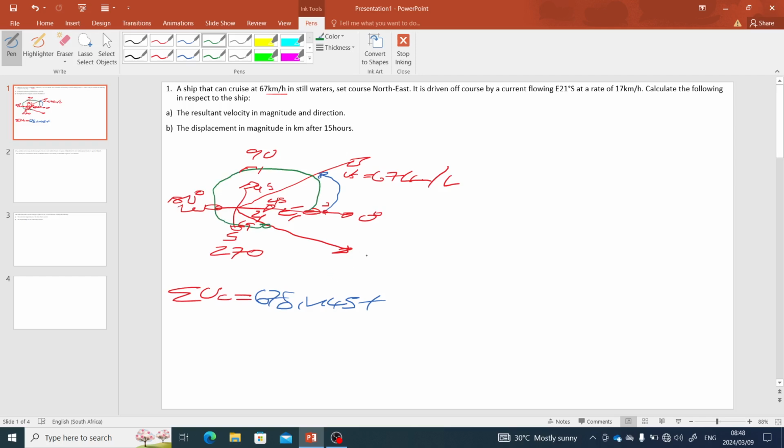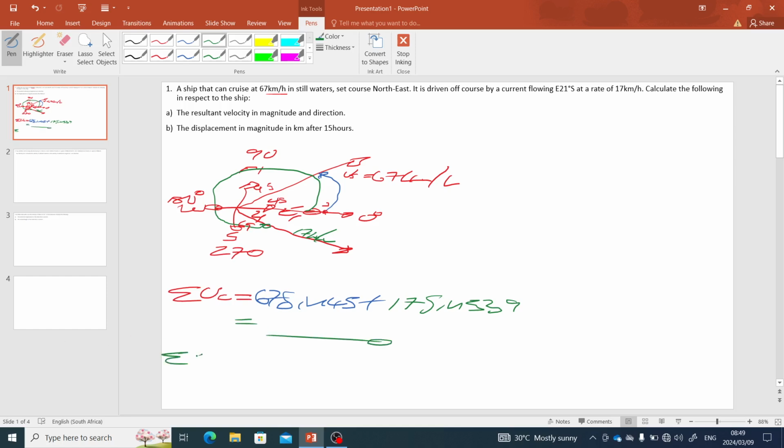We found our second vector and they said it is 17 kilometers per hour. The magnitude of our second vector is 17. Its position would be sine 270 plus 69, which gives us 339. That means the position here is 339. Boom.